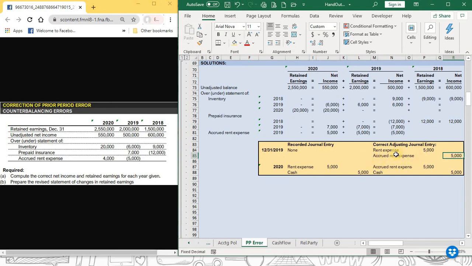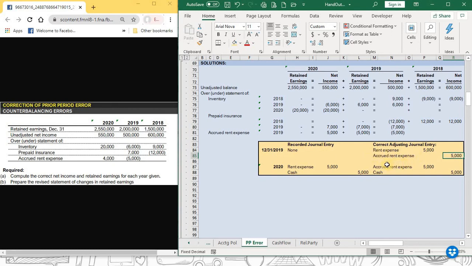The journal entry to record the payment of the 5,000 pesos must be a credit to cash for 5,000 pesos and a debit to accrued expense for 5,000 pesos. So we are debiting accrued rent expense in order to close the accrued rent expense that should have been recorded as a credit at the end of 2019.